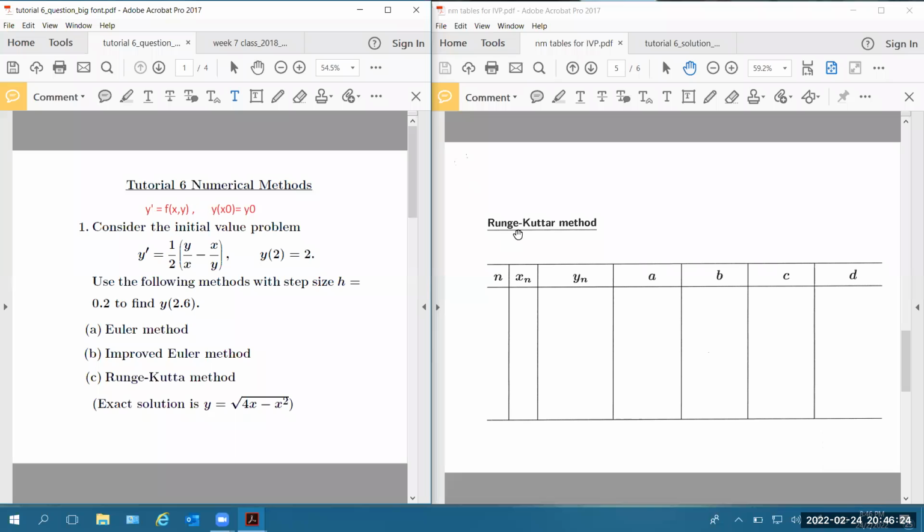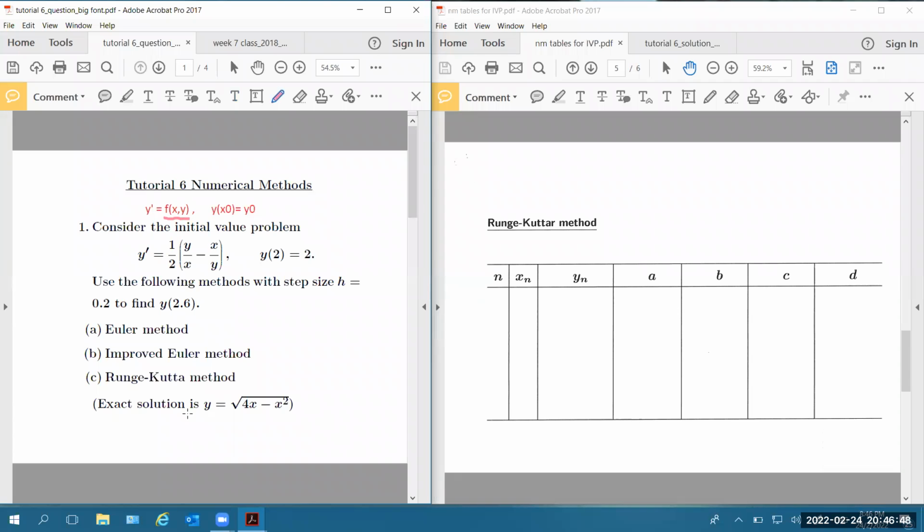Okay, so if you do the matching, what can you say? We need to identify the function f, we need to identify x naught, and we need to identify y naught. So these three things you need to identify: f(x,y), x naught, and y naught. And what can you say? What is your function f(x,y)? Class, what is your function f(x,y)?